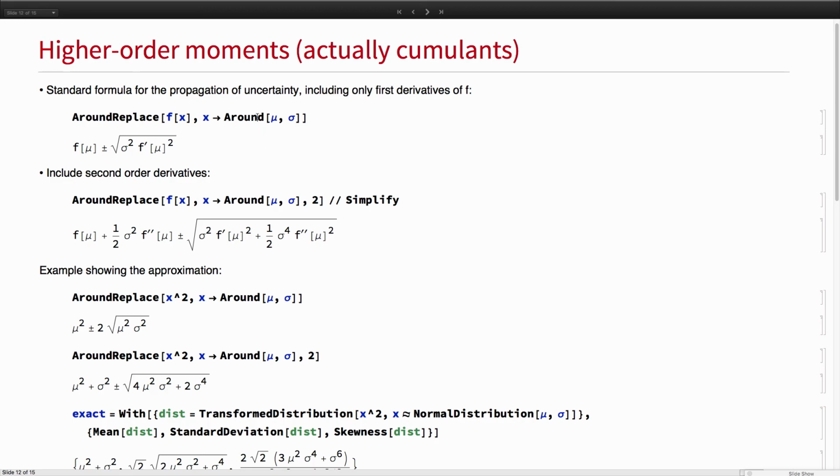So this is the standard formula for linear propagation, in which we only handle first-order derivatives. Now we can do better and include second-order derivatives, just in case we are working with a function in which, for example, the first-order derivative vanishes, and then we need to go to higher orders. Or for some reason, this has an especially large value, and we need to handle it. Right?